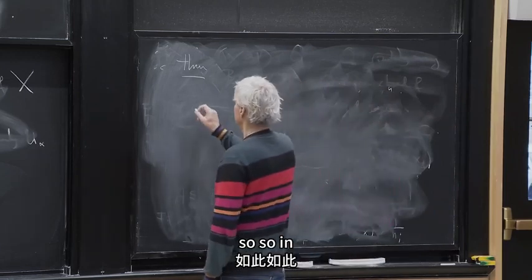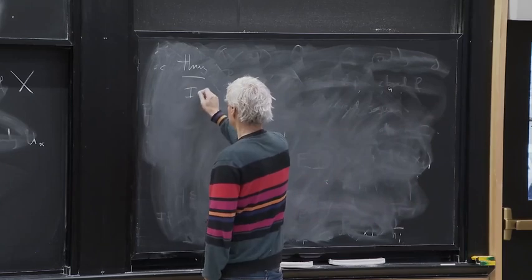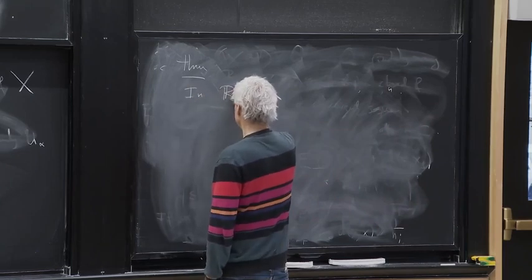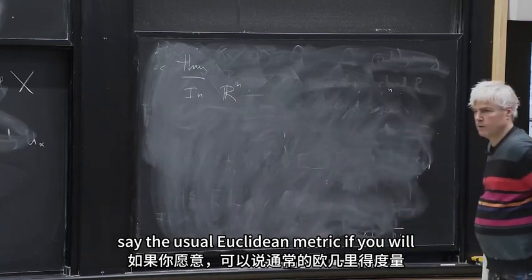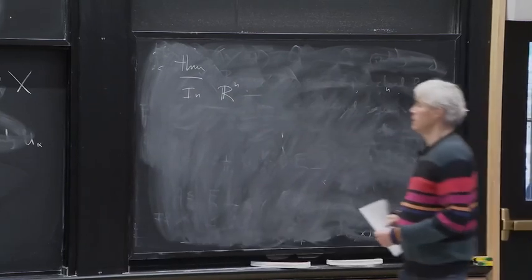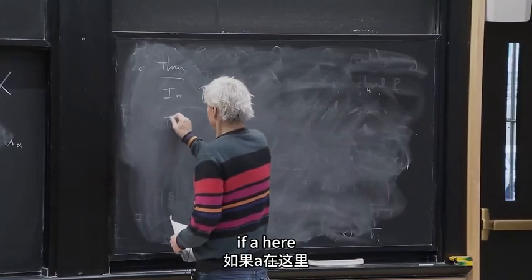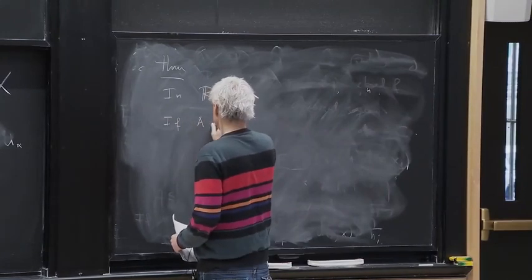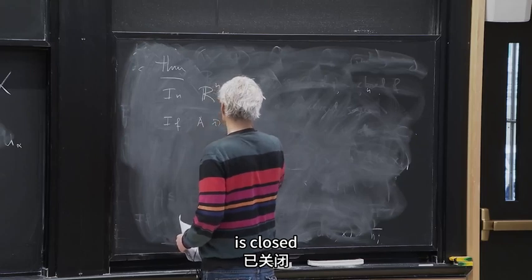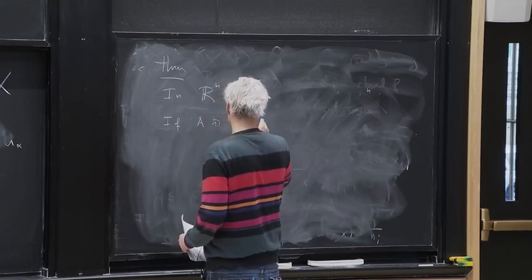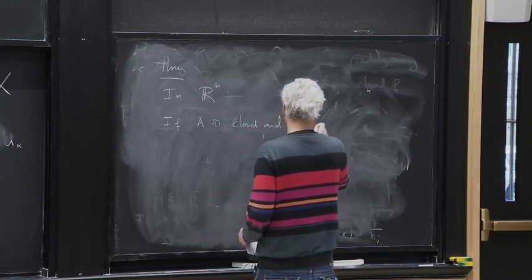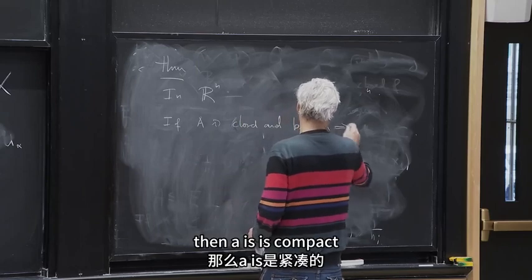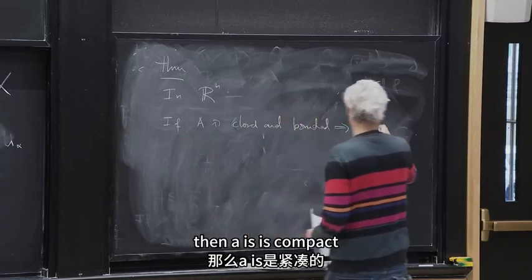So in Rn, with the usual Euclidean metric, you can just think about R. If A here is closed and bounded, then A is compact.